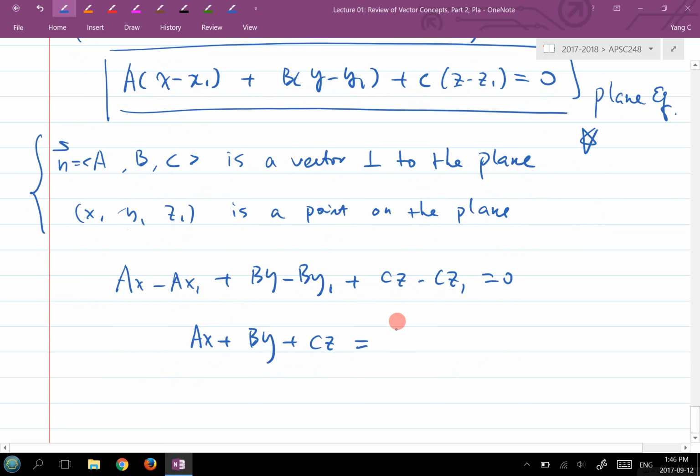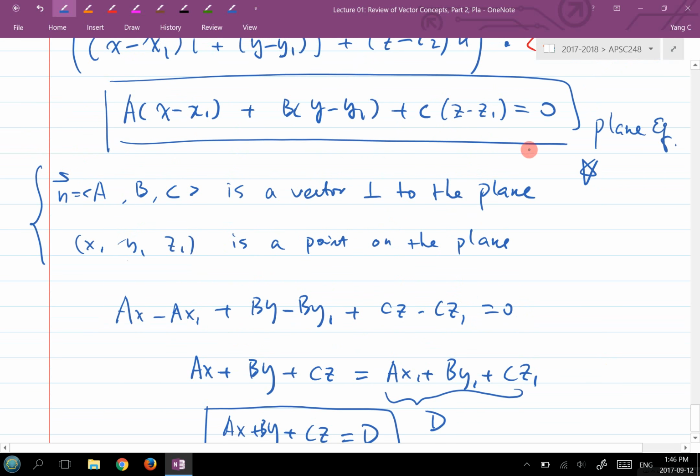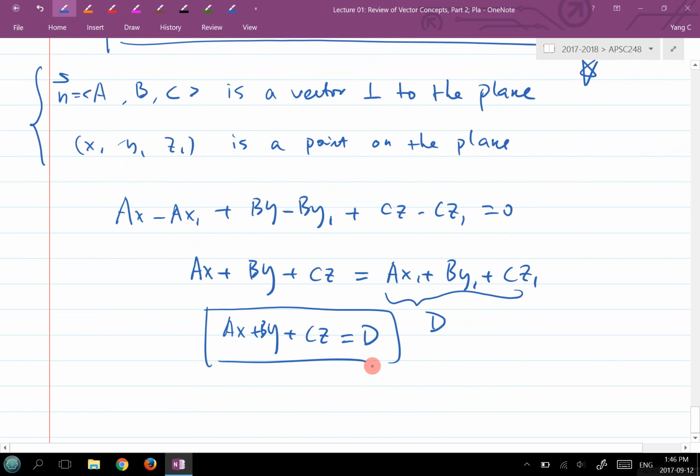I'll call this big guy here constant d. So now your plane equation will look like this. The first formula is the one I would recommend that you use the most. This is how you can construct a plane equation. And you can always simplify the plane equation into a format like this.